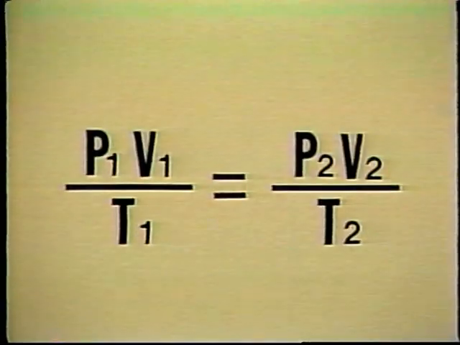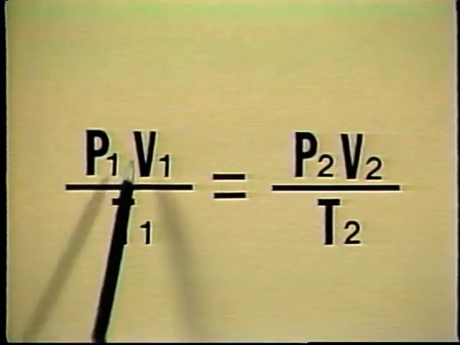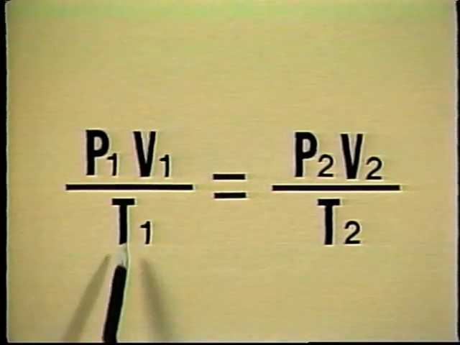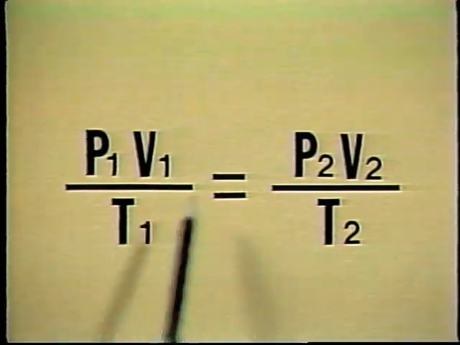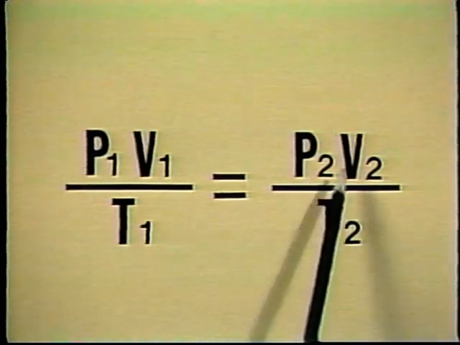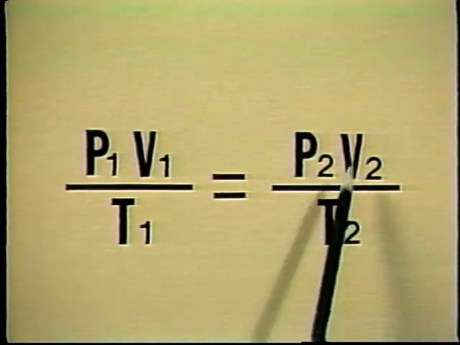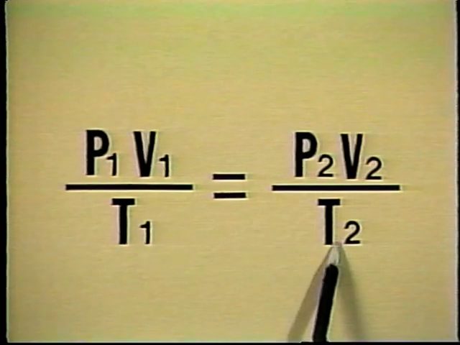ideal gas law. As you see here, it's stated as pressure 1 times volume 1 divided by temperature 1 equals pressure 2 times volume 2 divided by temperature 2, or P1 times V1 over T1 equals P2 times V2 over T2.